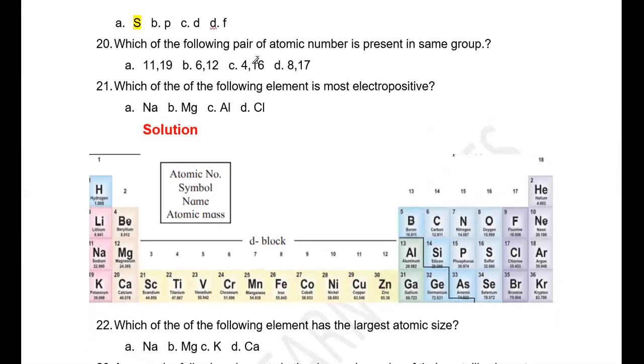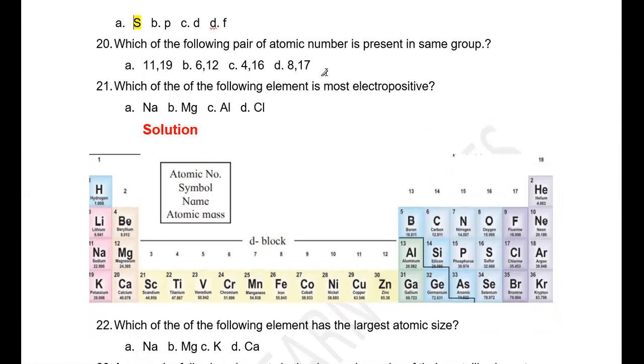Next, which of the following pair of atomic numbers is present in the same group? Here some atomic numbers are given. We have to find out which pair belongs to the same group. We know in the same group, they have the same valency.